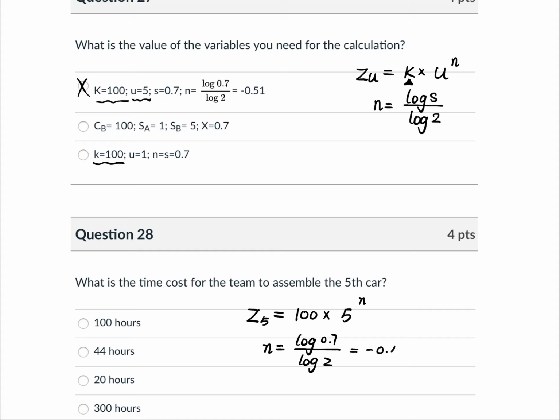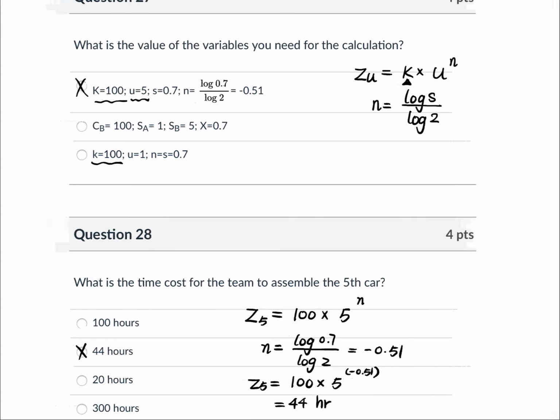Okay, and if you calculate, this is gonna be negative 0.51. So Z_5 is 100 times 5 to the power of negative 0.51, which is gonna be 44 hours. So this is your correct answer.